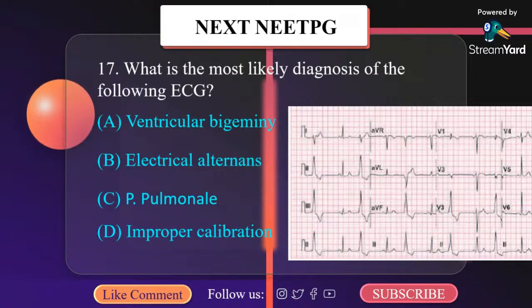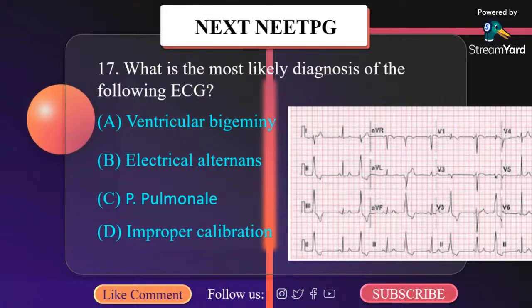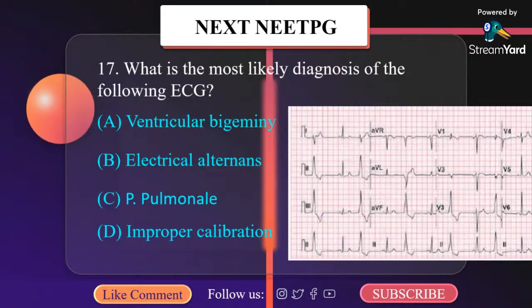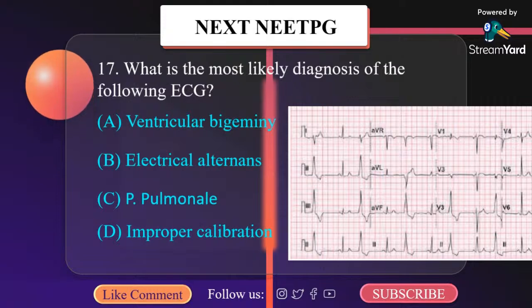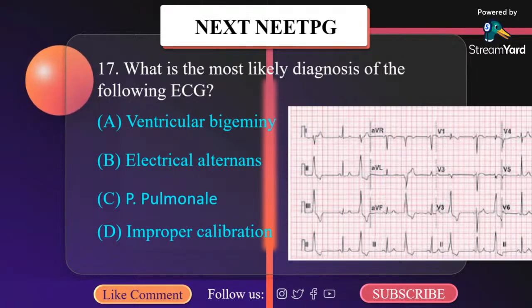What is the most likely diagnosis of the following ECG? A. Ventricular bigeminy. B. Electrical alternans. C. P pulmonale. D. Improper calibration. It is ventricular bigeminy. ECG shows normal sinus rhythm with ventricular bigeminy.